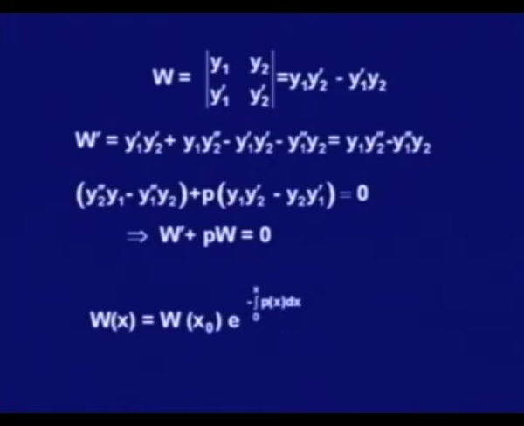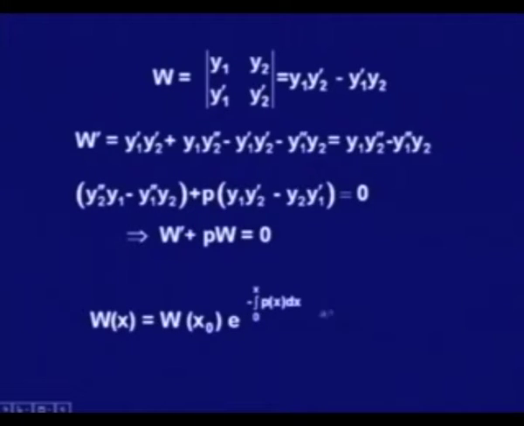The solution of this is W(x) equal to W(x naught) e to the power minus the integral from x naught to x of p(x) dx. Here we have replaced the constant with a particular value W(x naught), which we could get if we have been given the value of W at a particular point x naught.